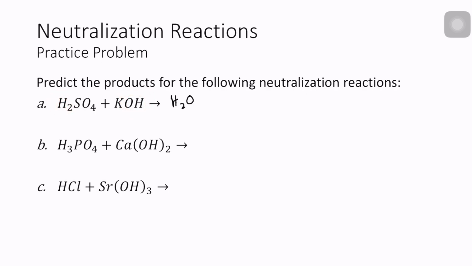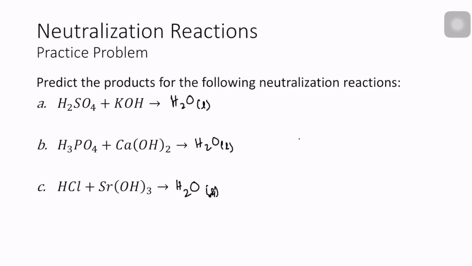So for all three of these, I can write water as my first product for all three of these. Look at that. I just got 50% of my products on all of these. Now I just need to round up, if you will, the leftover anions and cations.